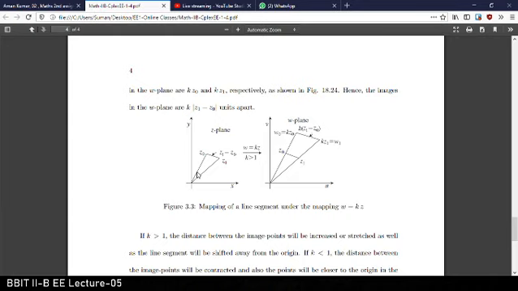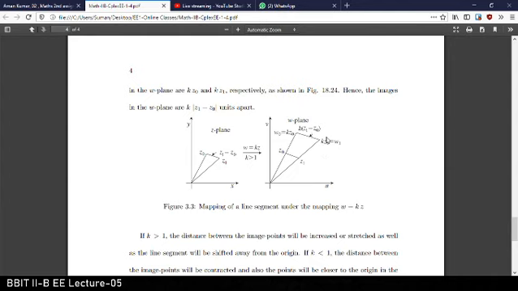After mapping, as I told you, the image of z0 will be kz0. So if k is more than 1, it will be somewhere like this. Similarly, z1 will be moved by distance kz1. So the total length will be something like this.